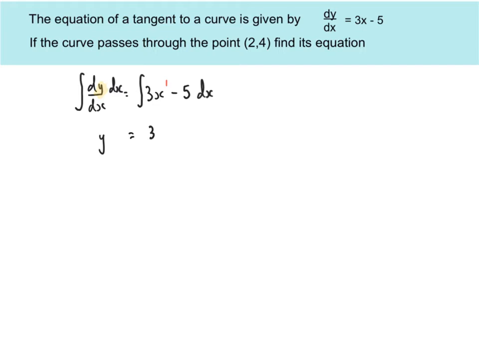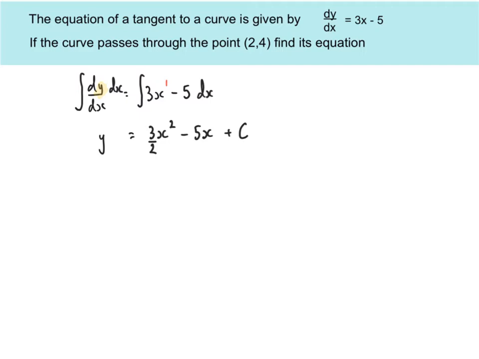So that will go to 3x squared, and I need to divide by that new power. So I'm just going to do 3 divided by 2. The minus 5 will integrate to minus 5x. And then, at the end, we've got our old friend, the constant of integration.